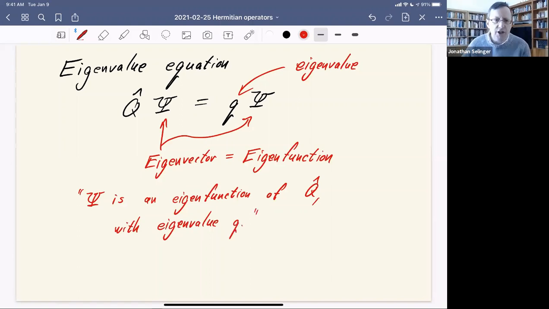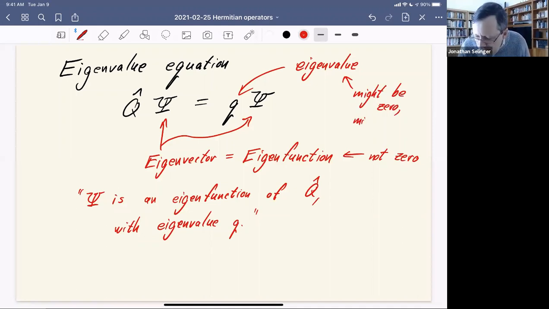Those are the words that go along with this relationship. So in this relationship, the eigenfunction is something which is for sure not zero. It is a state of the system which is normalized or can be normalized. The eigenvalue might be zero. Might be any real number.